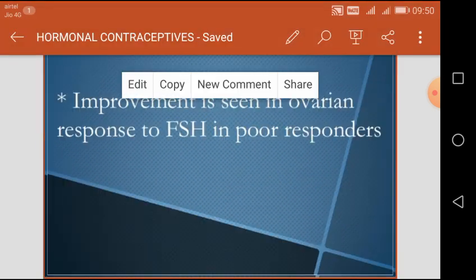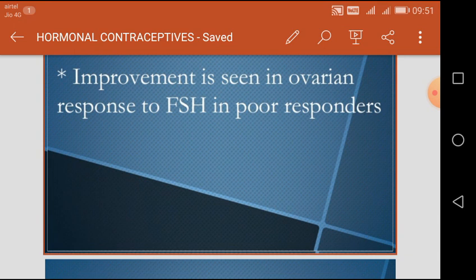So improvement is seen in ovarian response to follicle stimulating hormone in poor responders. That is, if by natural methods there is a defect in FSH production, then by using these tablets the ovarian response will be improved.